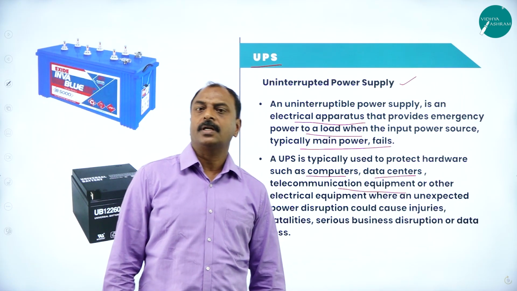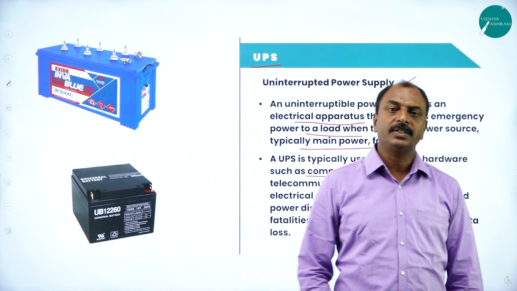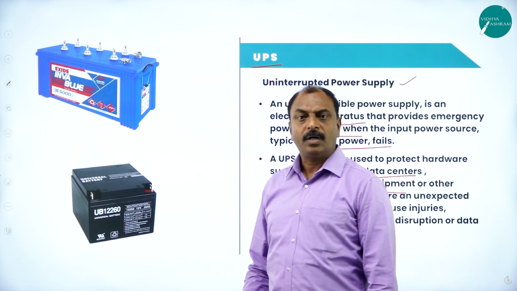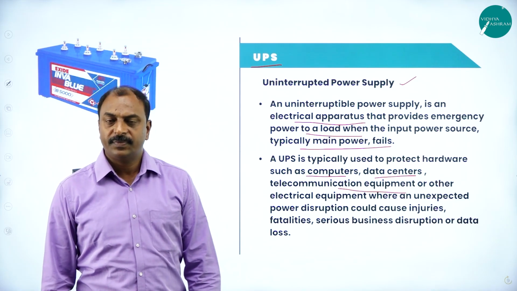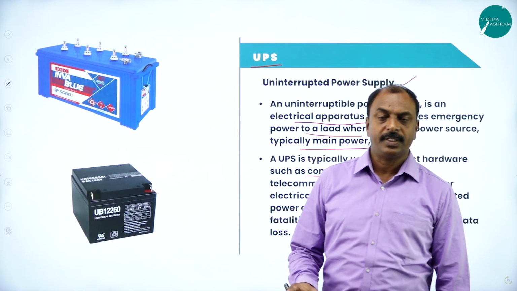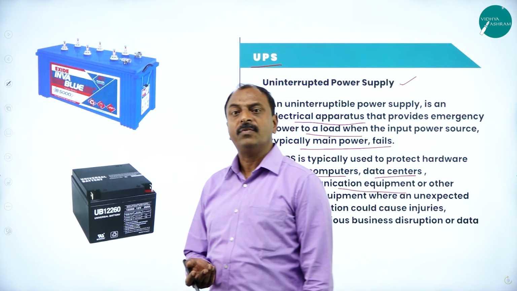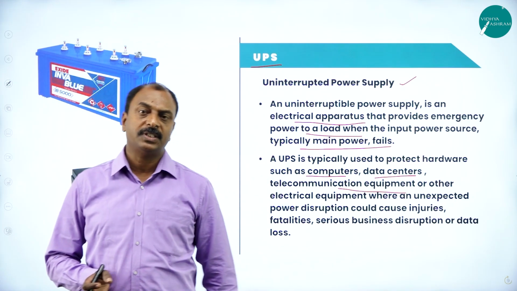In UPS, there are two types: one is online UPS and the second one is offline UPS. Normally, an online UPS is very costly and not so economical. We normally use an online UPS in places where we don't want any sort of power failure to our system.